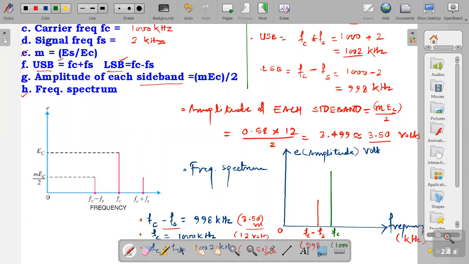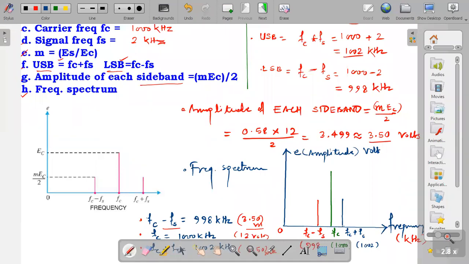And then I will use one more different color for the upper sideband frequency, suppose blue. And this is your Fc plus Fs, about 1002.